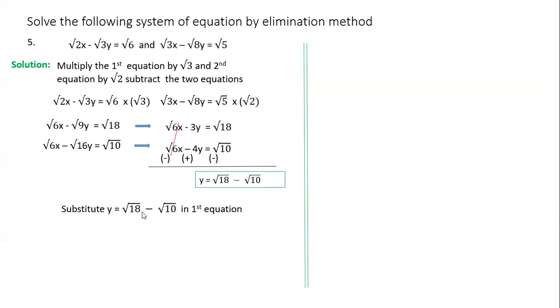Substitute y is equal to root 18 minus root 10 in the first equation. Root 2x minus root 3 into the bracket root 18 minus root 10 is equal to root 6. Open the bracket.